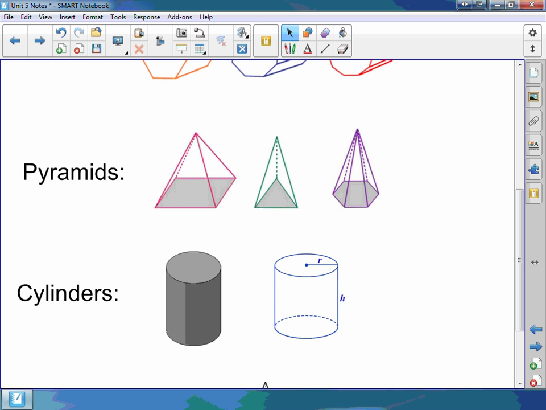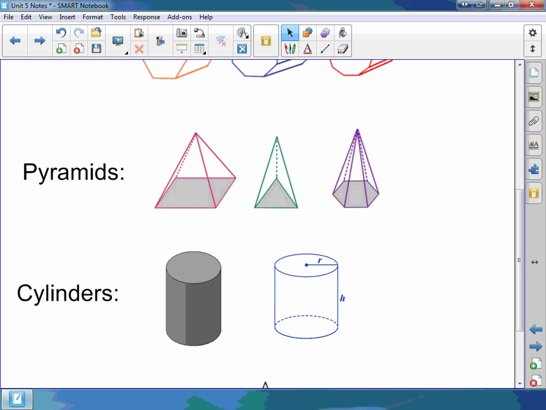So, cylinder. Cylinders are pretty basic. There's not really different types of cylinders. A cylinder is a cylinder. You can have different sizes of them, but it's not like prisms, which can look very different from one another. Cylinders don't look much different. I did have another one. Got a stick here, a baton.